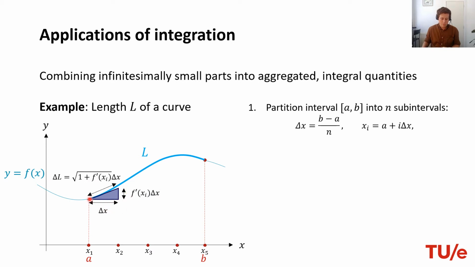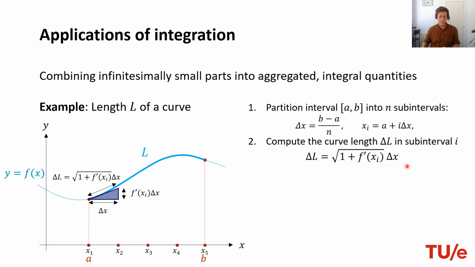Then we can compute the length of the long side of the triangle using the Pythagorean rule. That's just the square root of the sum of these squares. So this delta L is the length of the blue triangle over here, and we can compute it using this formula as I just explained.